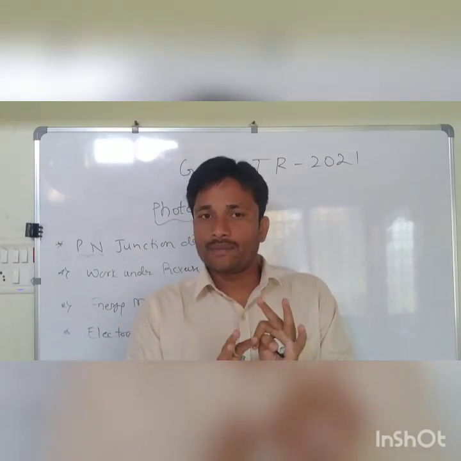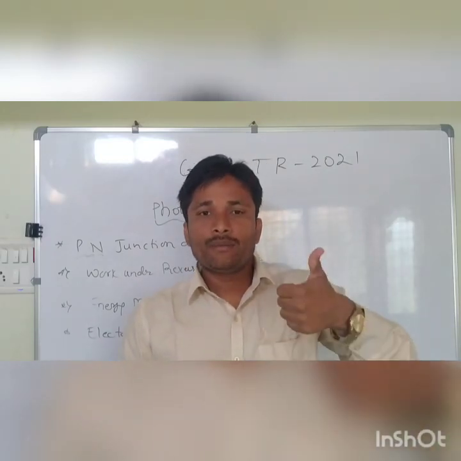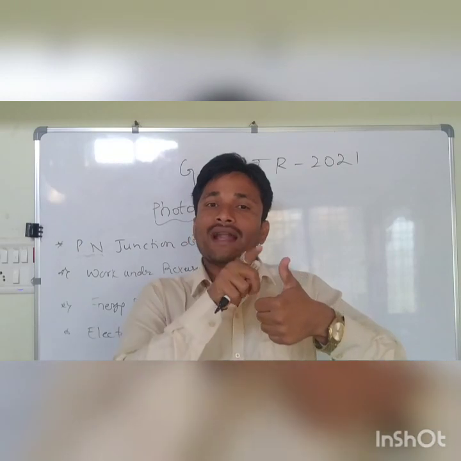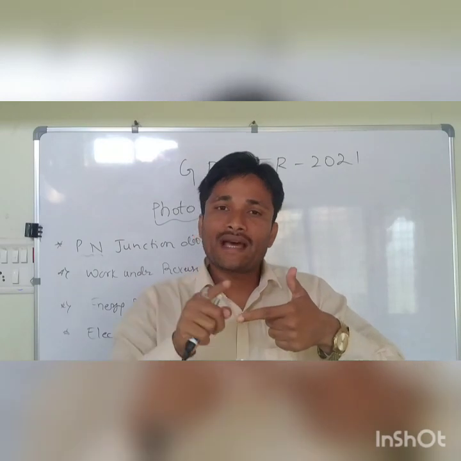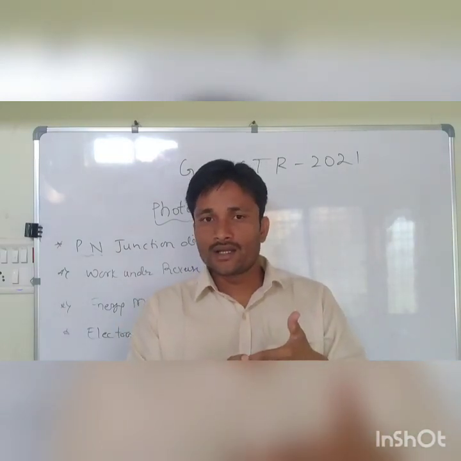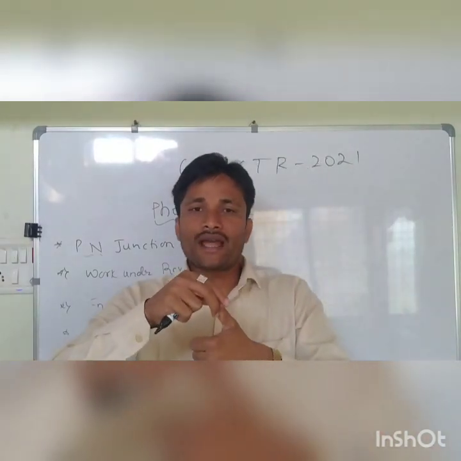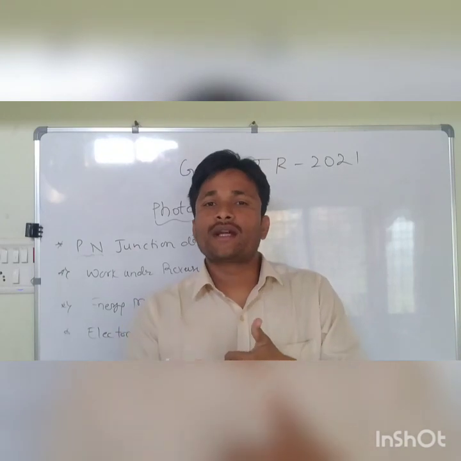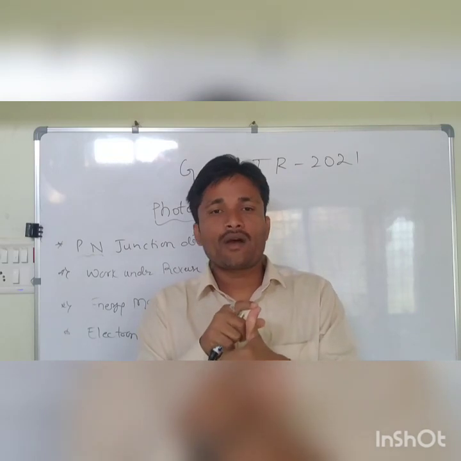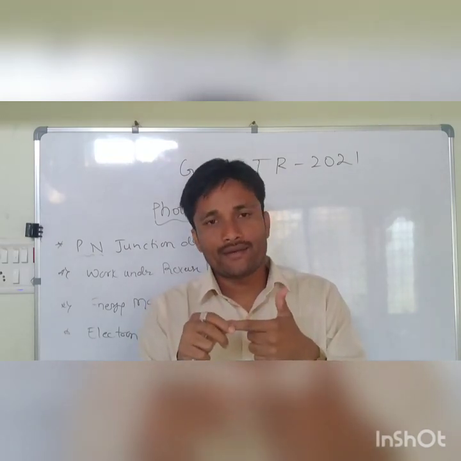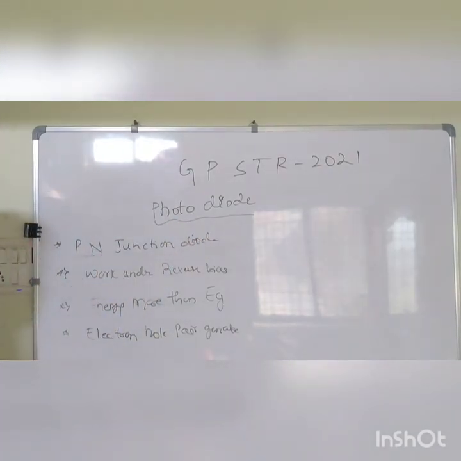In a P type semiconductor you dope trivalent impurities, and in an N type semiconductor you dope pentavalent impurities. Clear? Sometimes in your examination they will ask in which semiconductor trivalent impurities are added, then you have to answer P type. In P type you have added trivalent and in N type you have added pentavalent. That's it. So the photodiode is made up of a PN junction diode, that you have to remember.